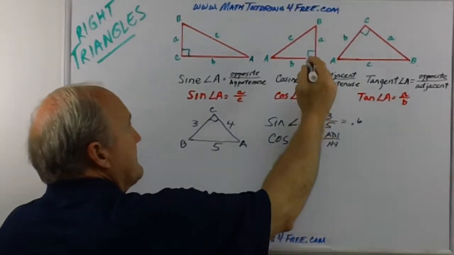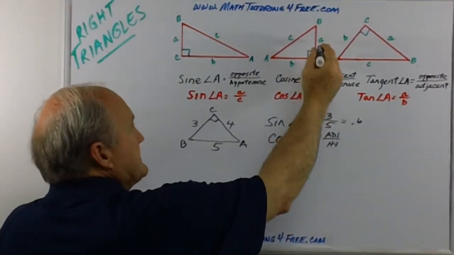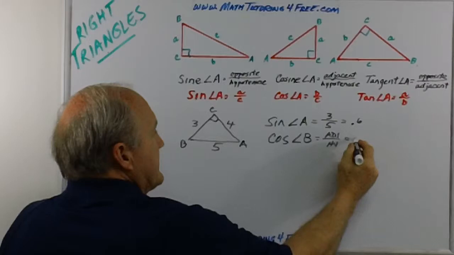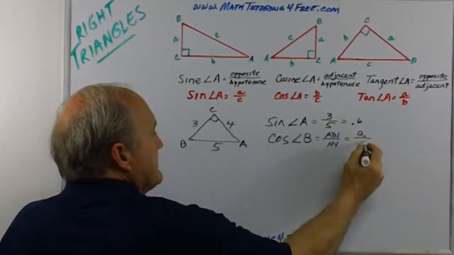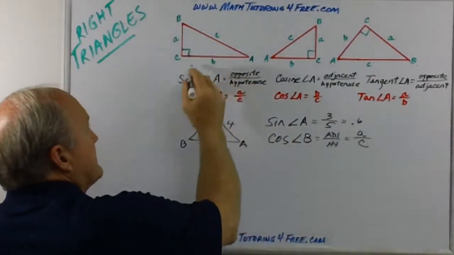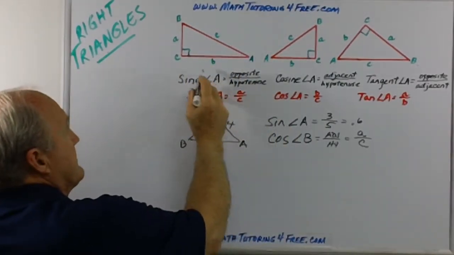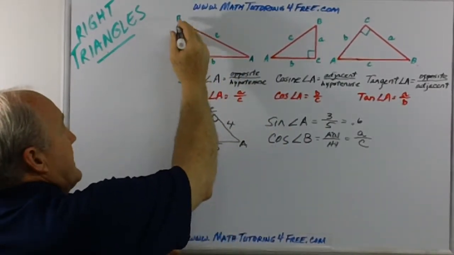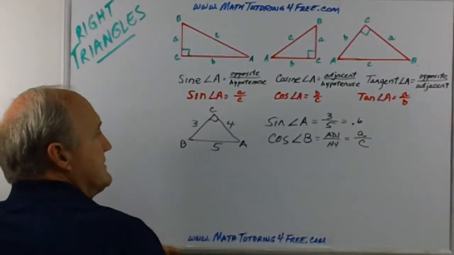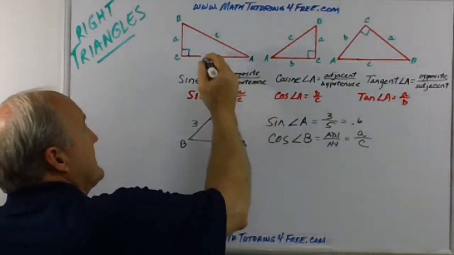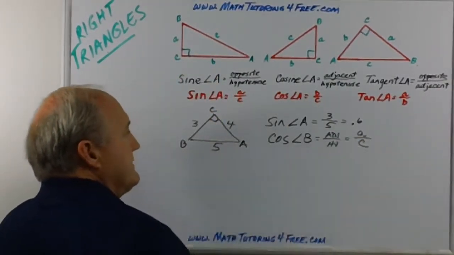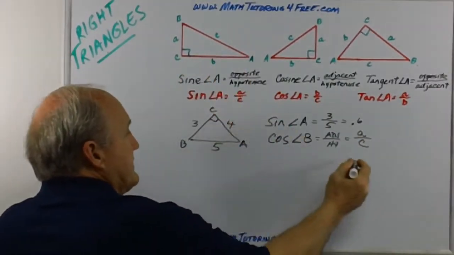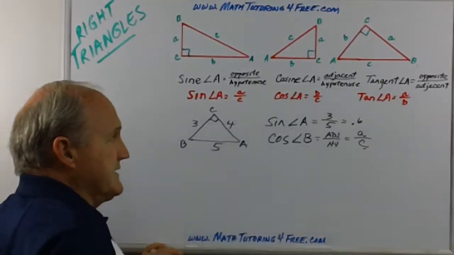If we're looking from angle B, the adjacent side would be a, over the hypotenuse, which is c. Again, we're dealing with angle B, so the side adjacent is a, over the hypotenuse, and the hypotenuse is always c.